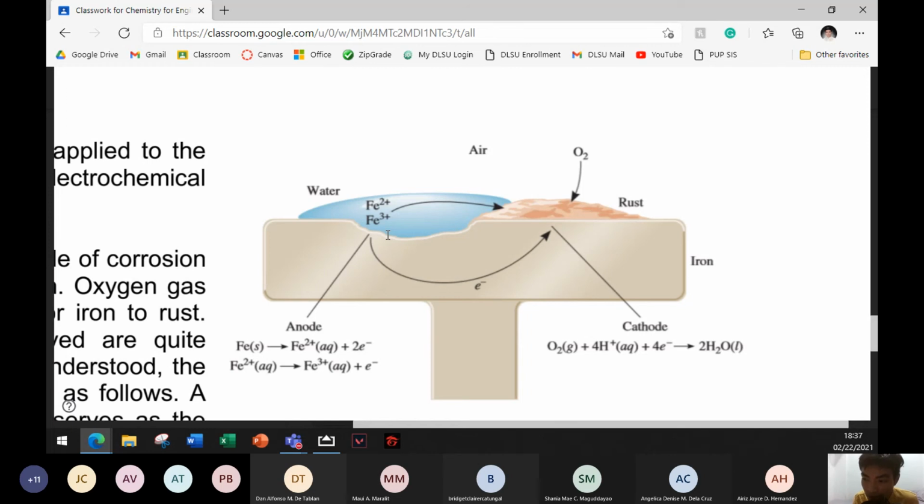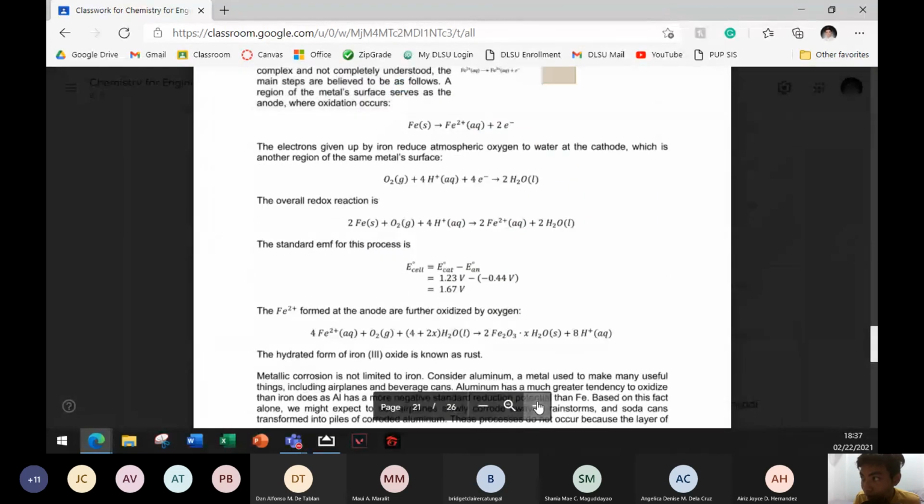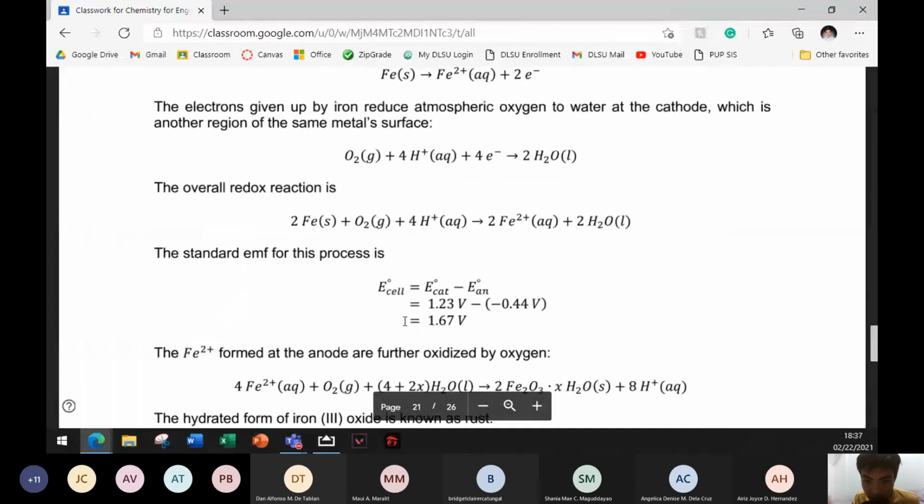Kasi when your water molecule attaches to the surface of your bakal, automatic redox reaction yun. Spontaneous yun kasi pwede kang makakuha ng kuryente doon na. Ang voltage ng reaction na yun ay 1.67 volt. So, ibig sabihin, spontaneous yung pagkakalawang ng bakal.